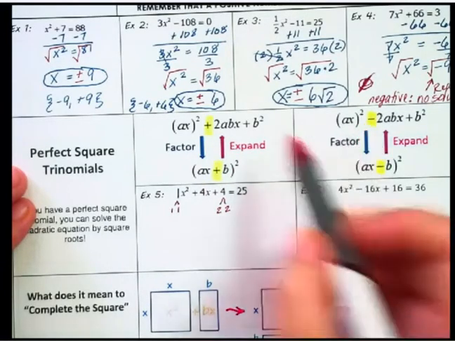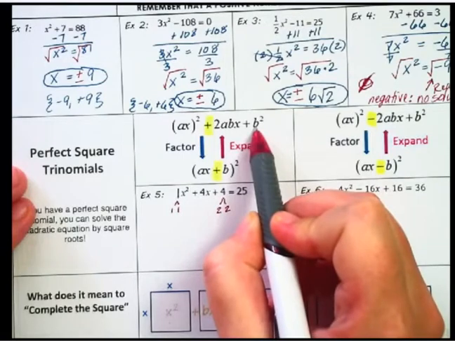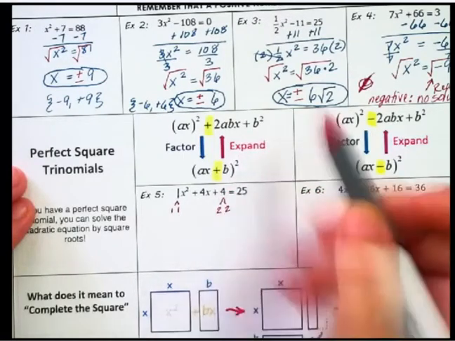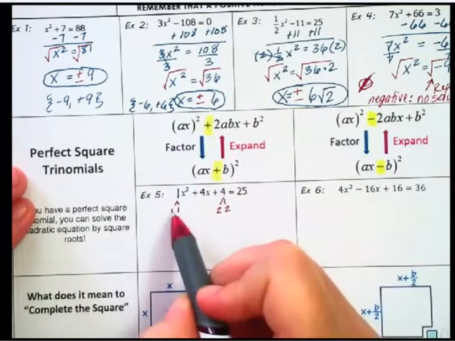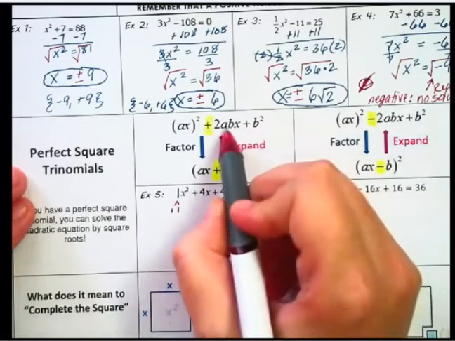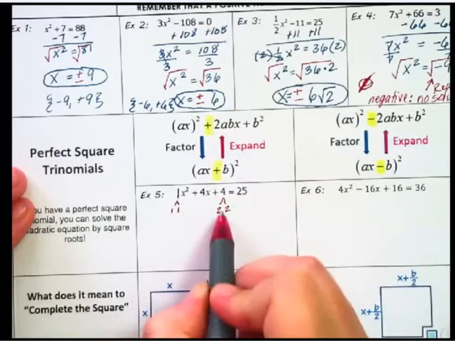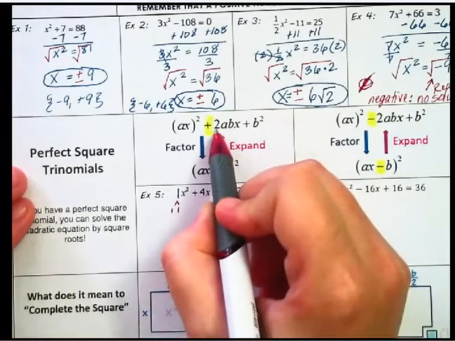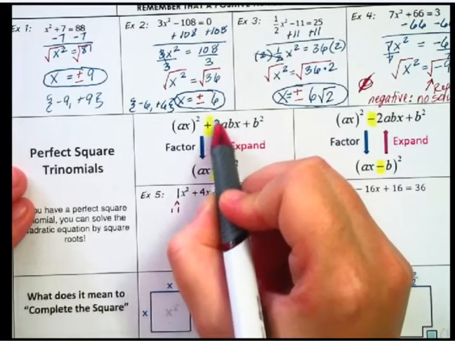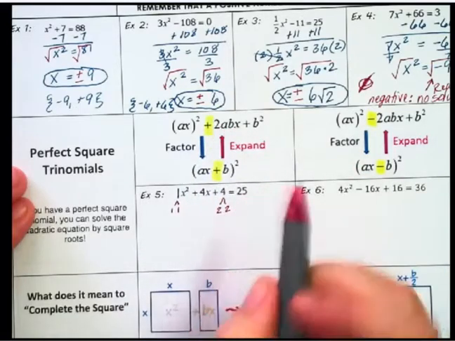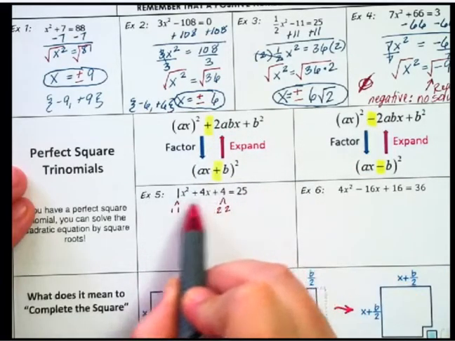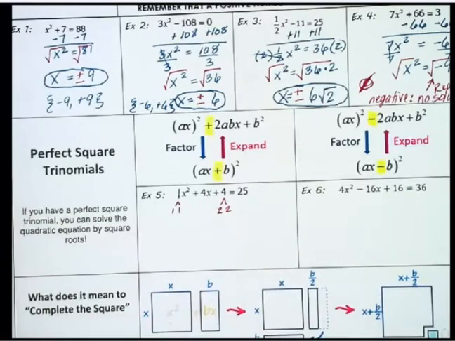Now, if you look up here, b squared, so 2 squared is 4, a squared is 1. So if you multiply a times b, I'd get 1 times 2 is 2, and then multiply it by another 2, because that's part of this little formula, and I would get 4. So this is a perfect square trinomial, all right?